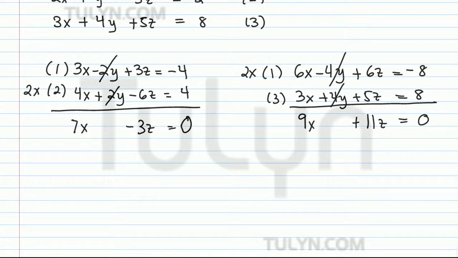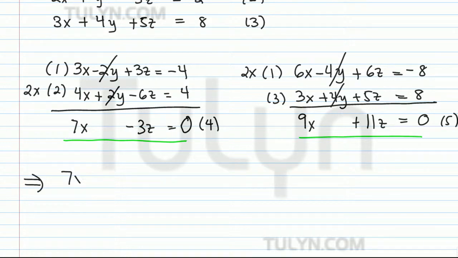Now I want you to notice that with our efforts here, we've managed to reduce these two equations, let's call them 4 and 5, into a linear system with two equations and two variables. And we know how to solve this, right? So let's rewrite these equations: 7x minus 3z is equal to 0, and 9x plus 11z is equal to 0.